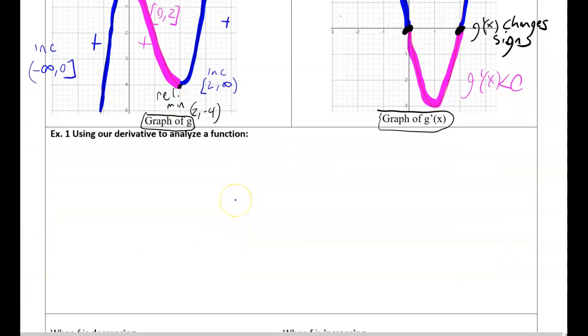My first is just algebraically. So we had this function g of x is equal to x to the third minus 3x squared, and then g prime of x, again this is just power rule, 3x squared minus 6x.